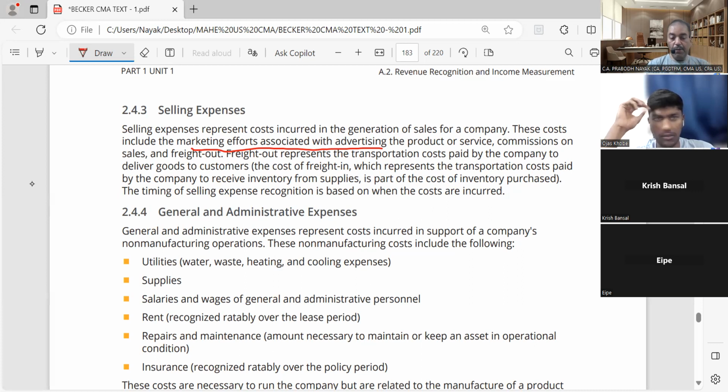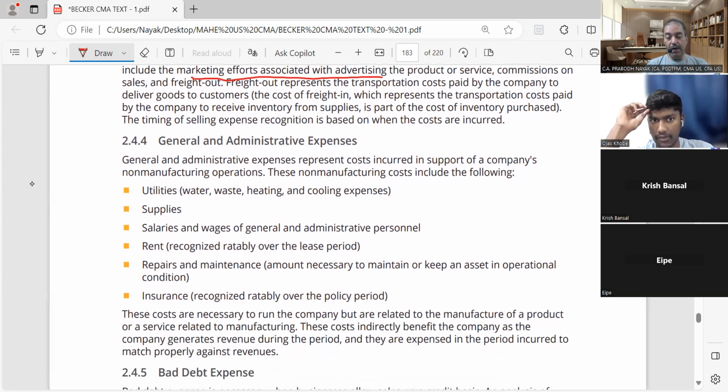Then you have general and administrative expenses, which are incurred in support of the company's non-manufacturing operations. These non-manufacturing costs include utilities, supplies, salaries and wages of general and administrative personnel, rent, repairs and maintenance, and insurance.